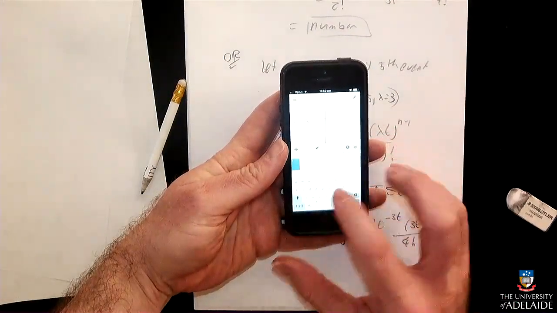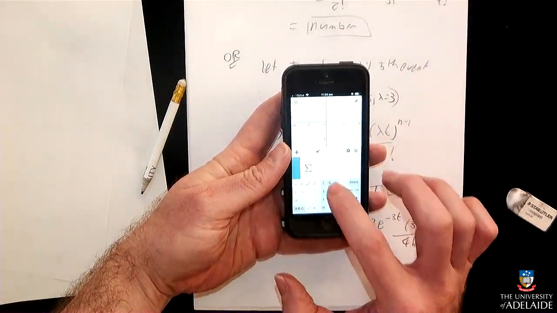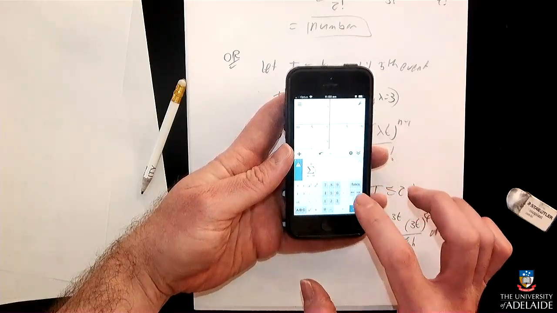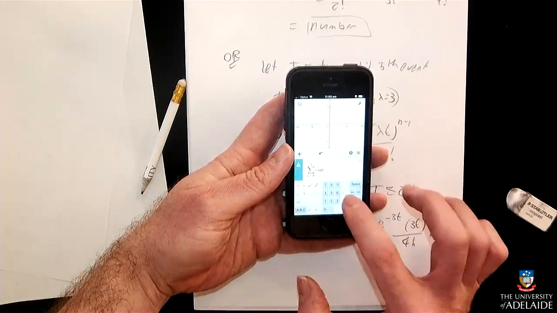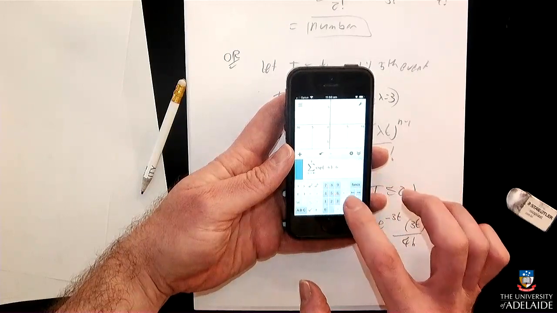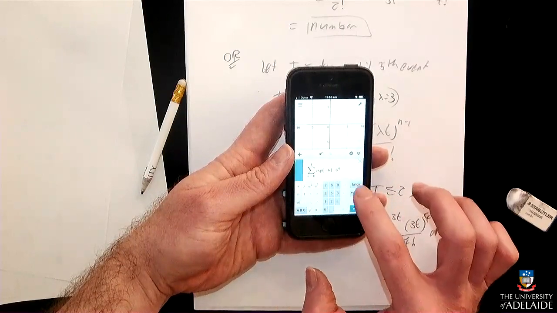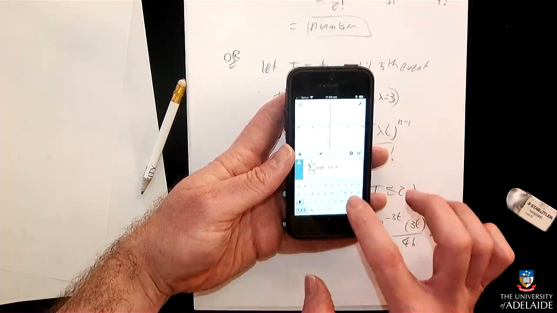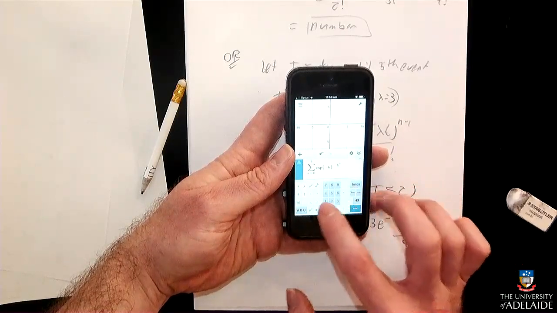So the other one we wanted, yes we can, from 0 to 4 of e to the minus 6 times 6 to the power of n over n factorial, yeah?